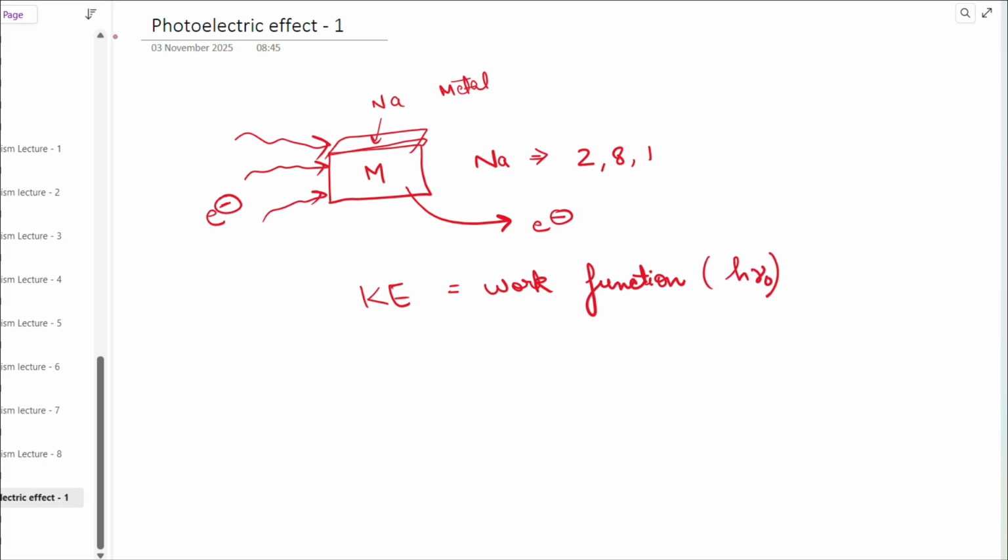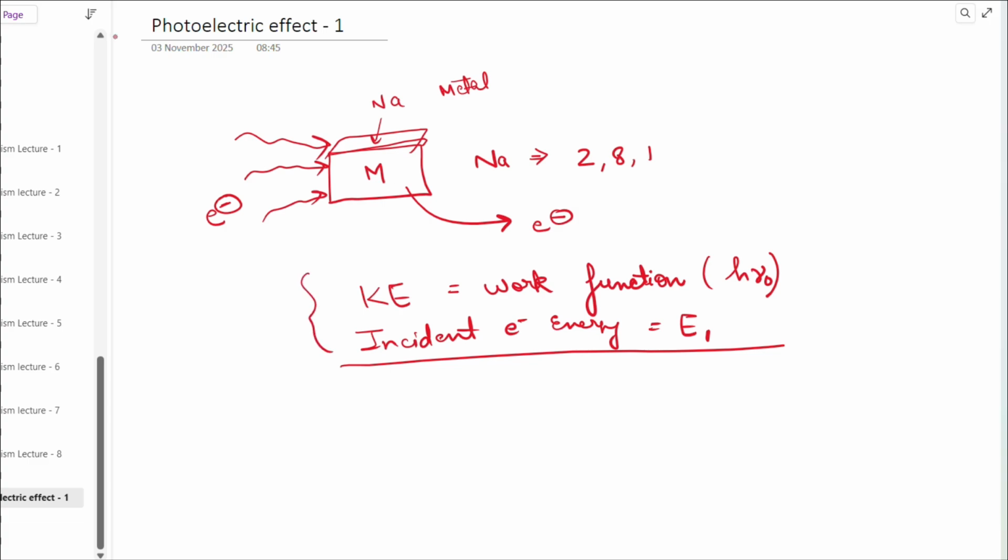Let's suppose the incident electron energy is E1. This change in potential energy will appear as the kinetic energy of the ejected electron. Let's say the kinetic energy of the ejected electron is E2.